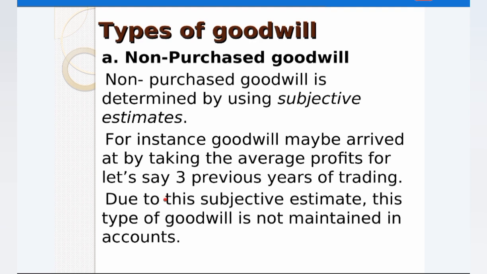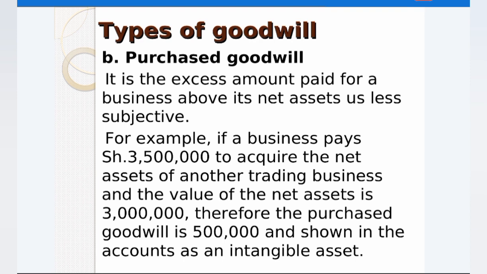So, due to the subjective nature of the determination of goodwill, we do not maintain the non-purchased goodwill in our books. So, the non-purchased goodwill is not maintained in the books of accounts. What does that mean? That means it's only the purchased goodwill that we will maintain in our books.